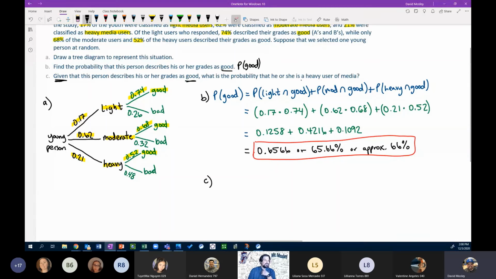What is the probability that he or she is a heavy user of media? Right, we're going with heavy as the part we're trying to find. So this question wants us to find the probability of heavy given they describe their grades as good.